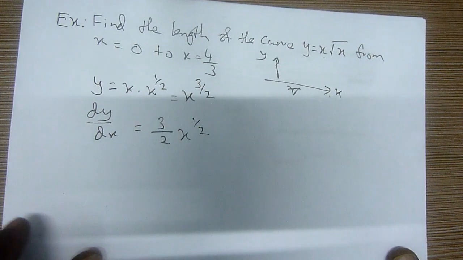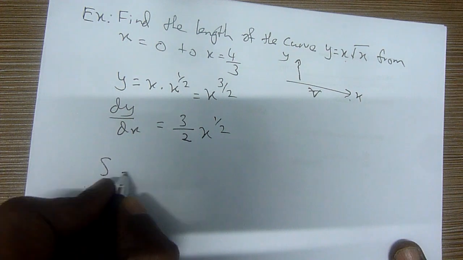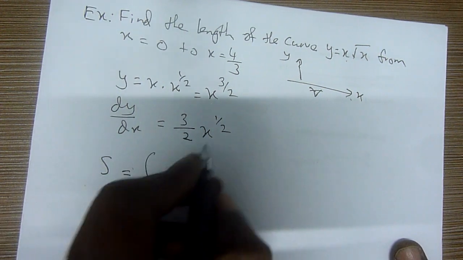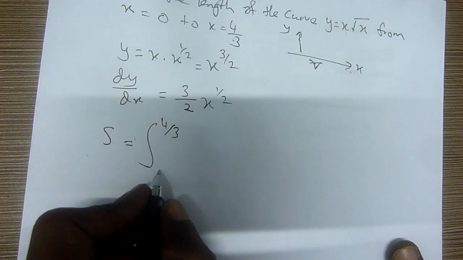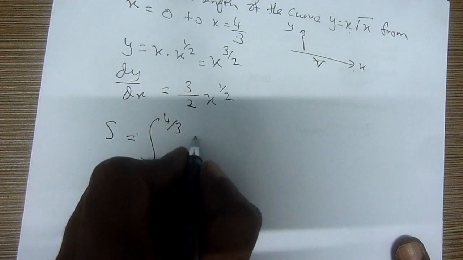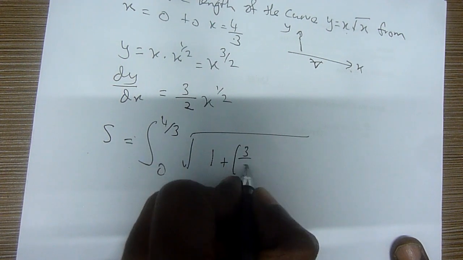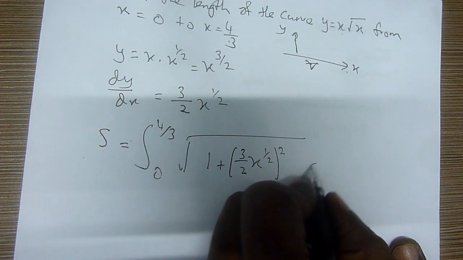And okay, now we can calculate the s. Can we? Yes, we can. s is the integral from 0 to 4/3 of the square root of 1 plus 9/4 x, dx.